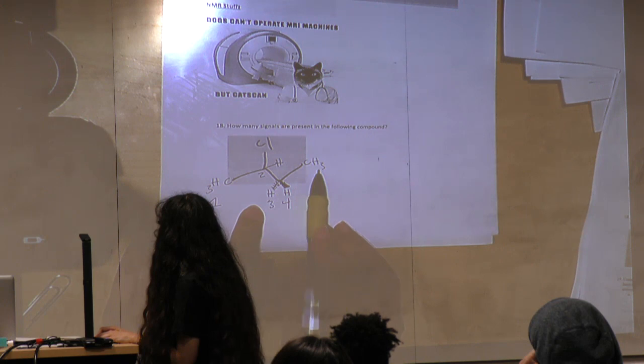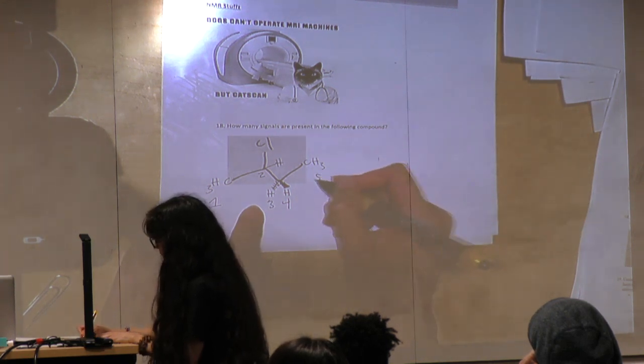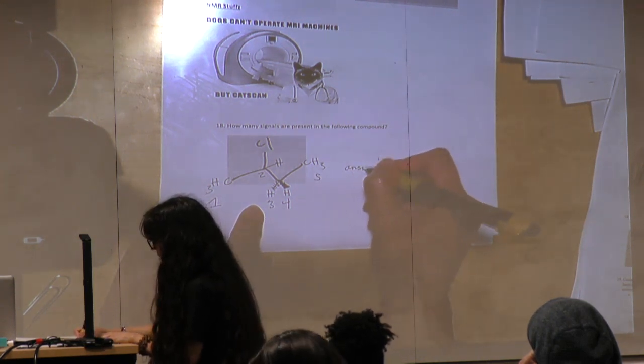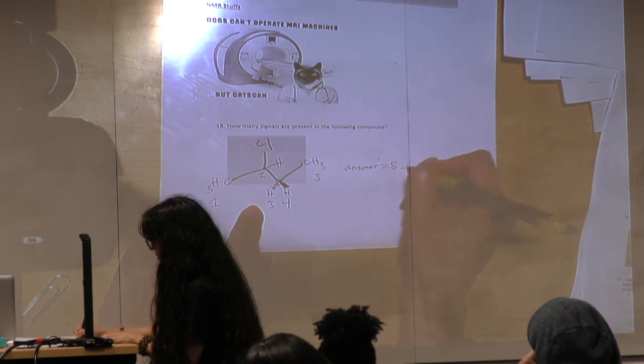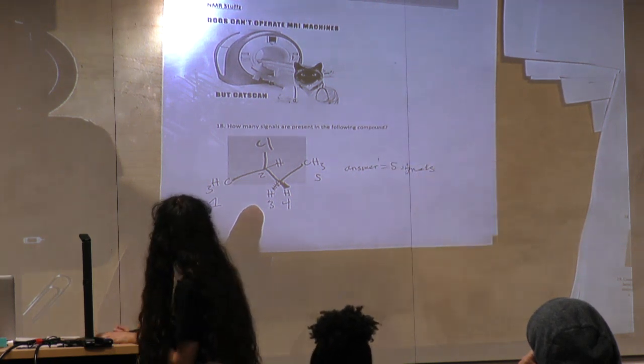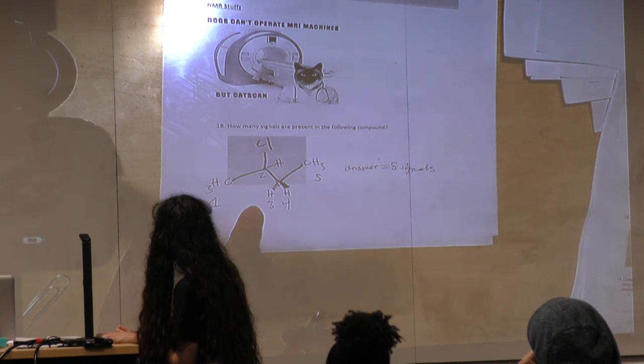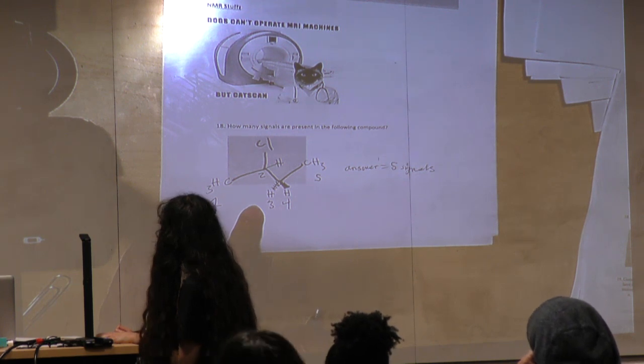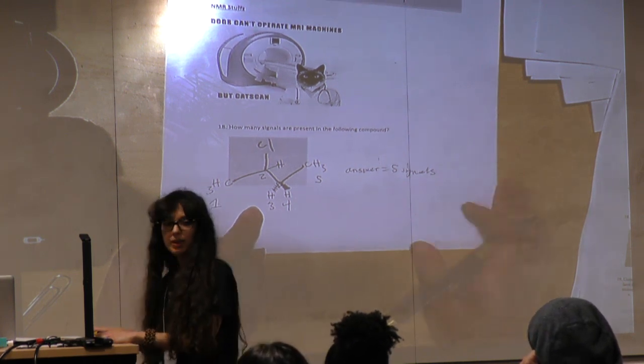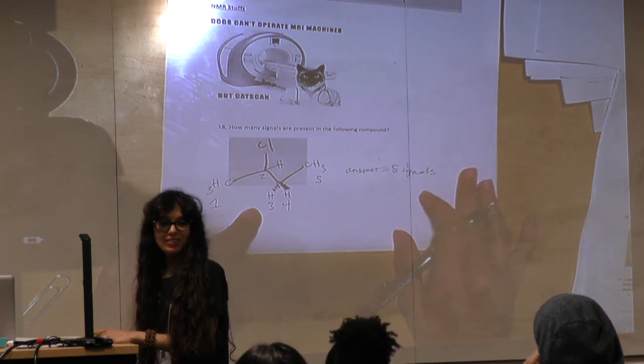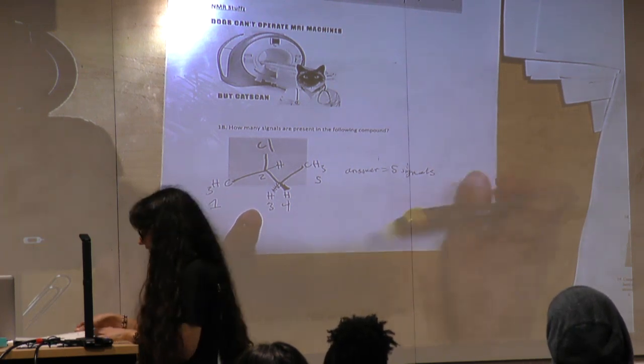And then over here, we said it's in a different environment, so this is our 5th signal. So the answer equals 5 signals. Does that make sense to you guys? I know NMR is a little tricky, but yeah. Okay.